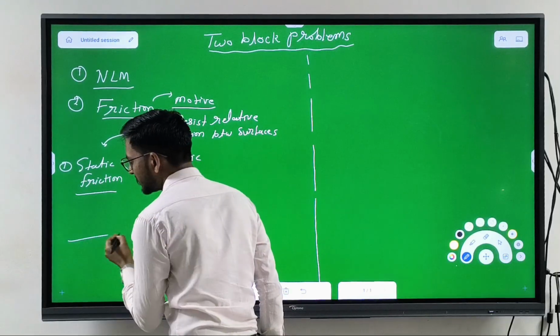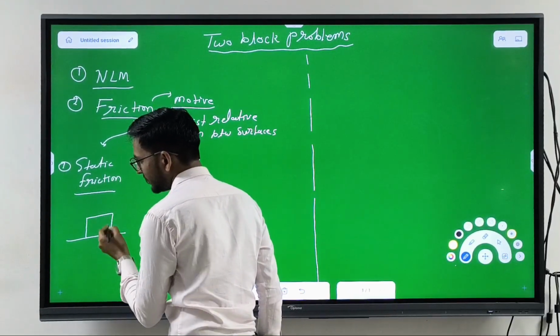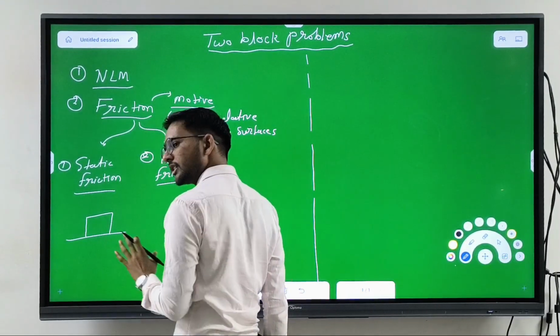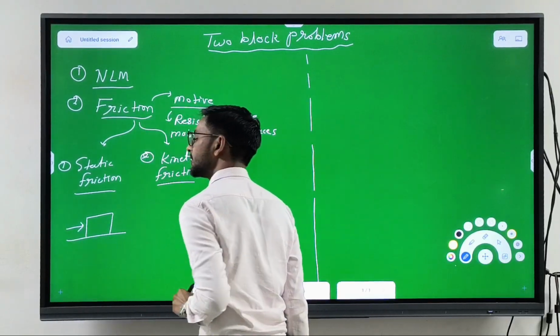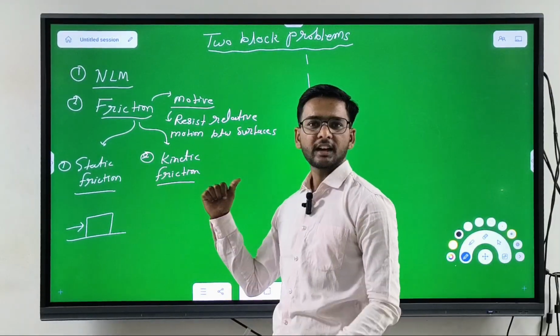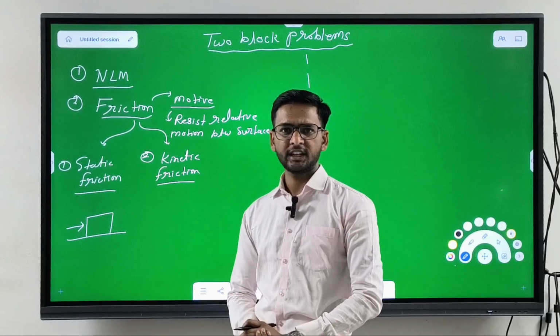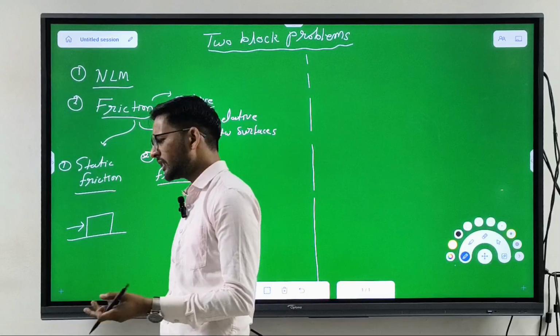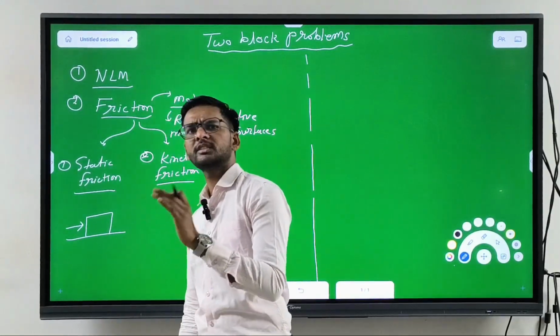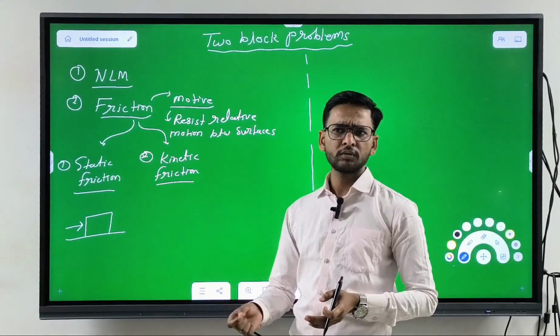If there is a block on the ground and we push it towards the right side, and the block is not moving yet. Whenever we push any block on the surface, the block doesn't move instantly.